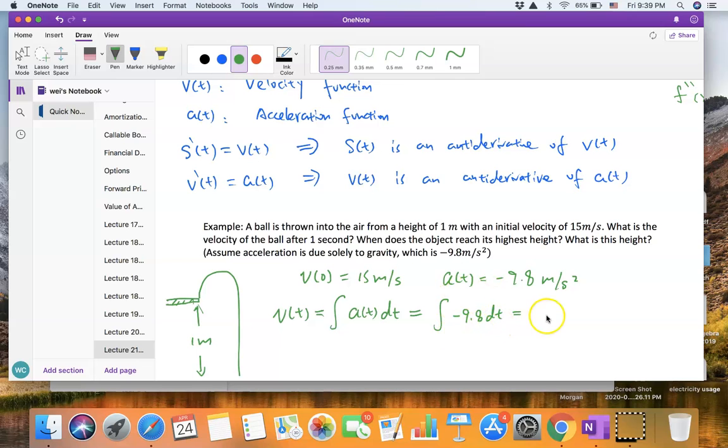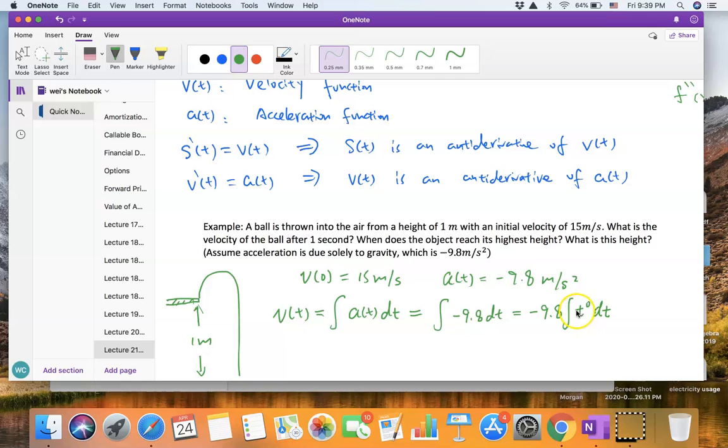So the antiderivative of this. Now after I bring the negative 9.8 outside this integral sign, so we use that trick again.